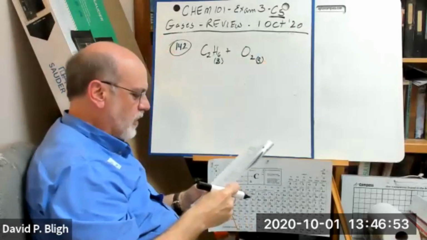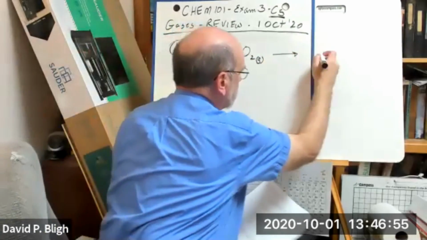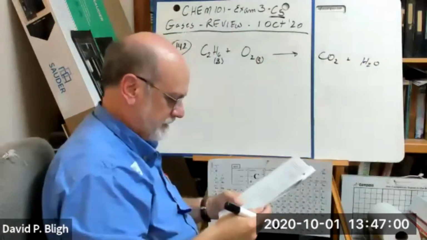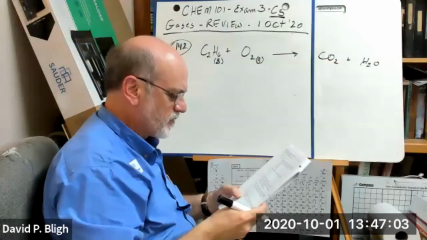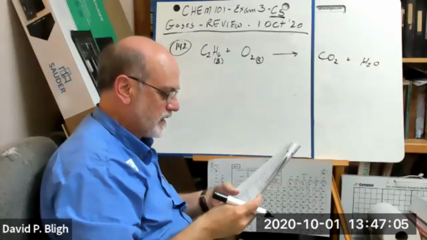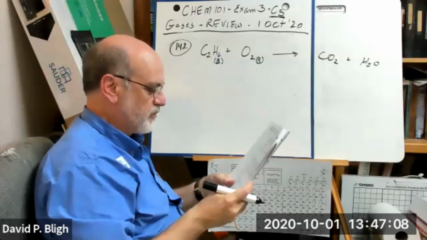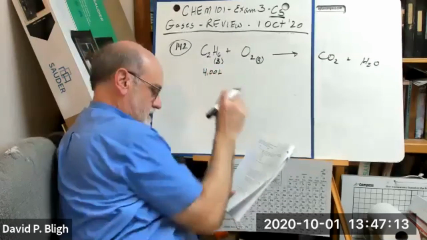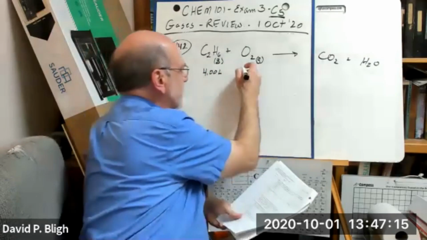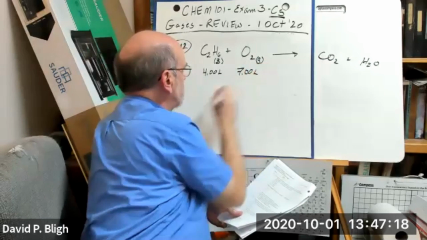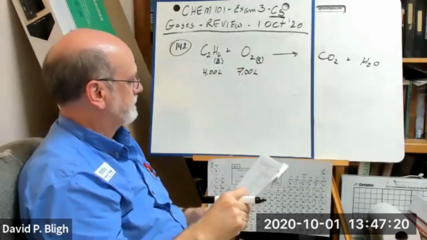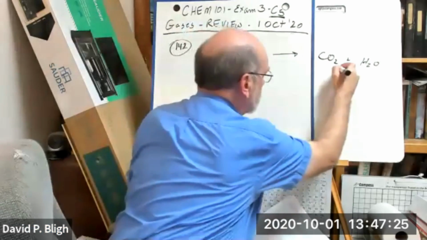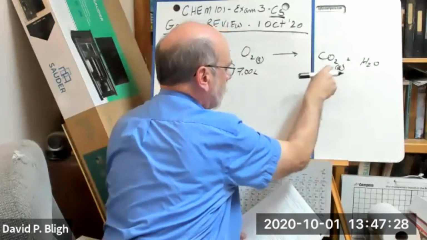To produce carbon dioxide and water, CO2 and water. What volume of carbon dioxide will be produced at standard temperature and pressure from the reaction of 4 liters of ethane and 7 liters of oxygen? Let's read the question again. What volume of carbon dioxide? So we've got a gas here, and we're looking for what volume?